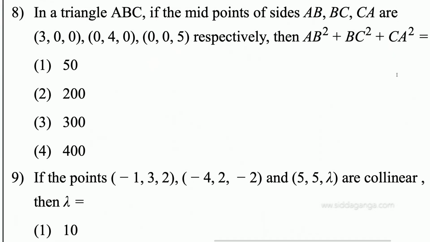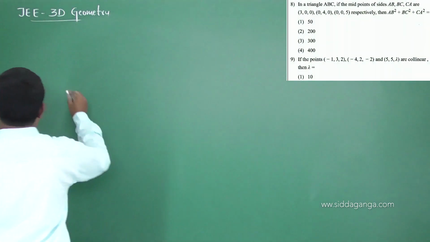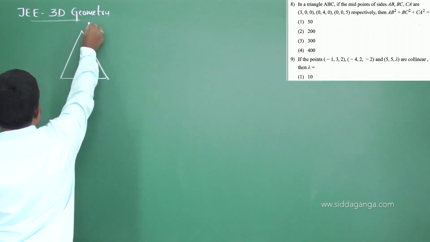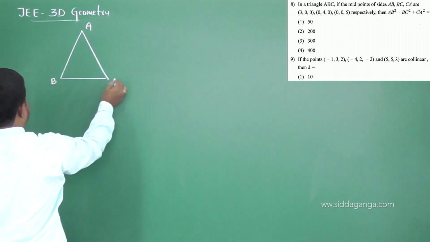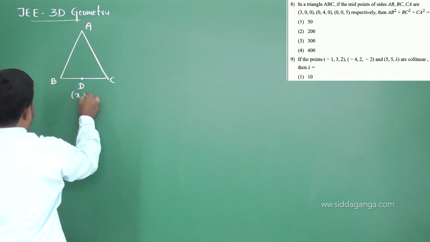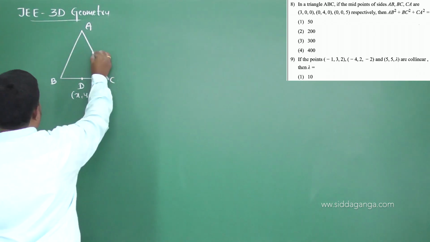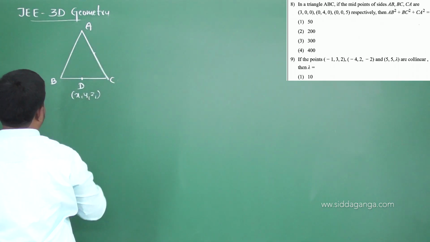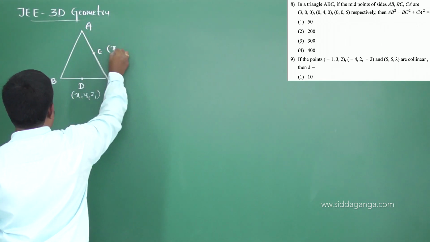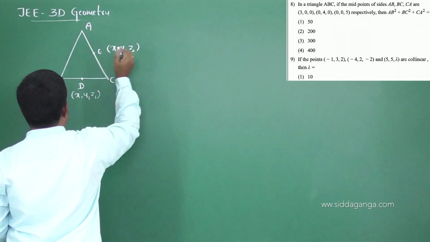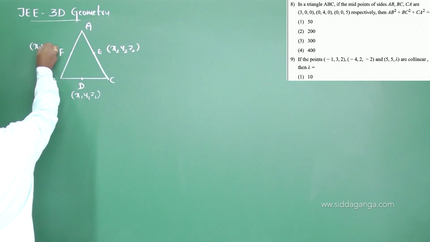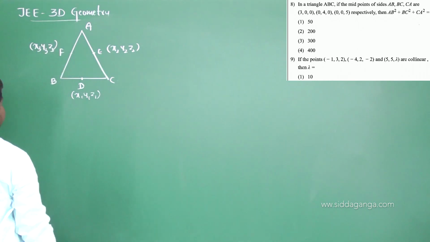Students, we have a result that in a triangle ABC, if D is a midpoint of BC with coordinates x1, y1, z1, E is a midpoint of AC with coordinates x2, y2, z2, and F is a midpoint of AB with coordinates x3, y3, z3.